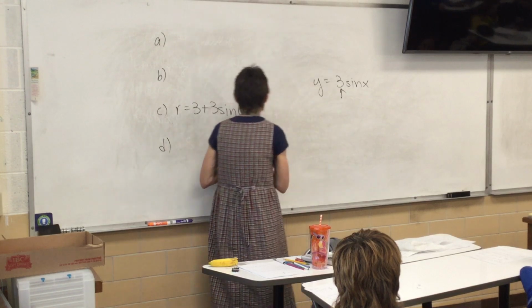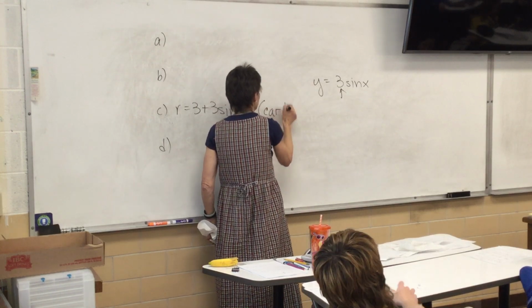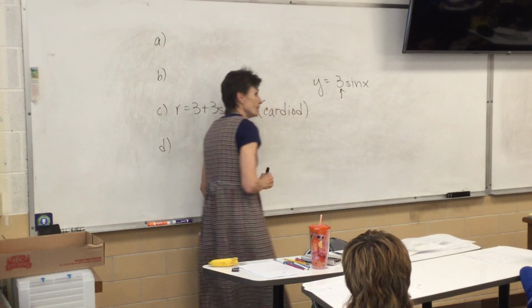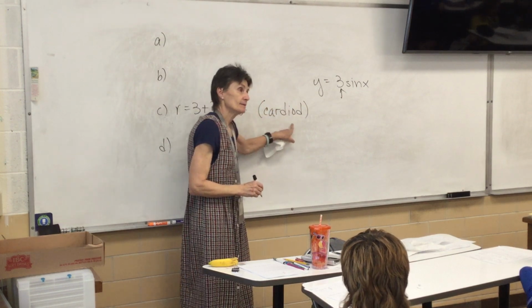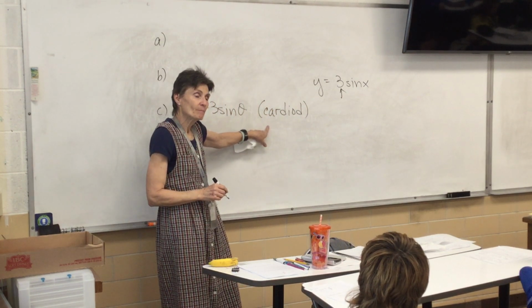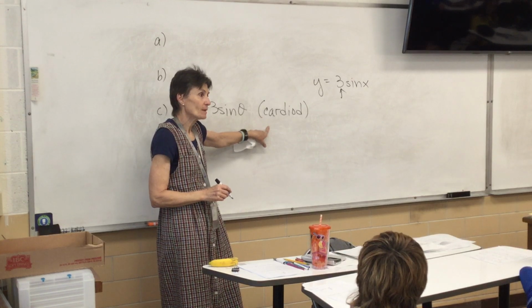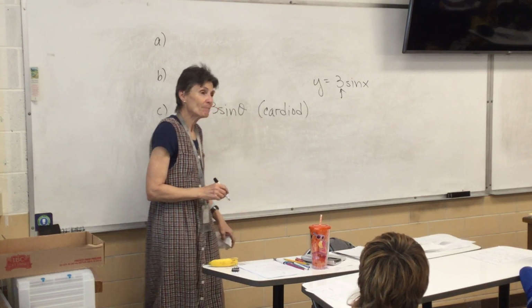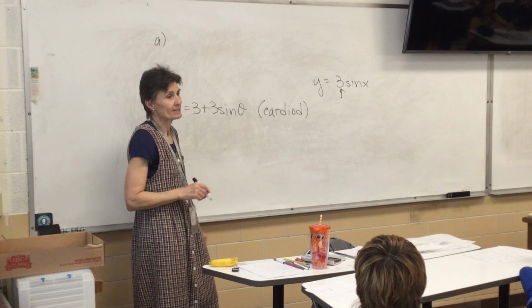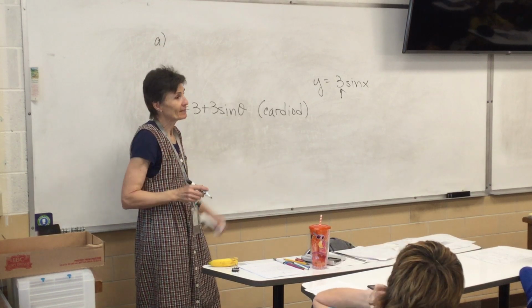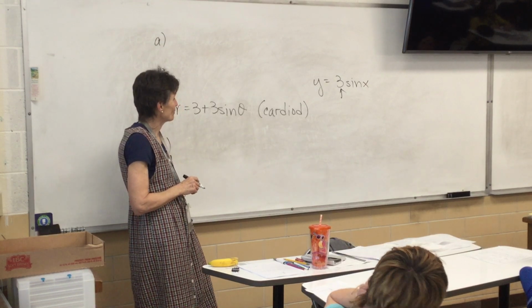It is called a cardioid because it has what shape? It's a heart shape. So next Valentine's Day, be my cardioid. That's what you can say to your girlfriend or boyfriend.